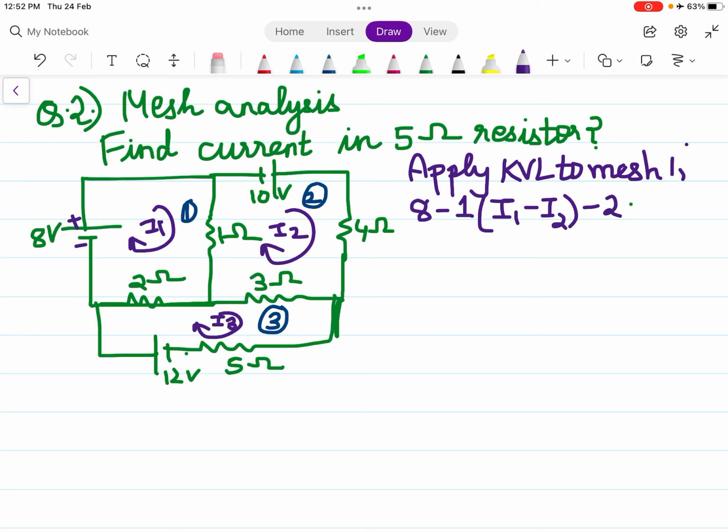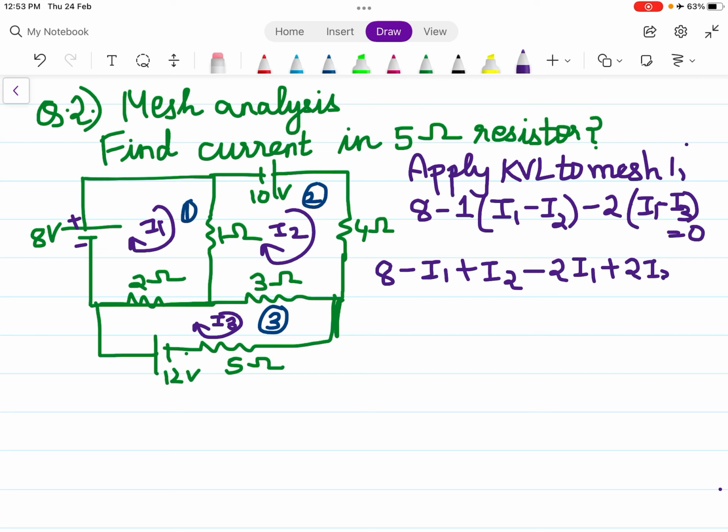Minus 2, I1, it is applied on mesh number 1. So I1 is greater than I3, so I1 minus I3 equal to 0. So 8 minus I1 plus I2 minus 2 I1 plus 2 I3 equal to 0.